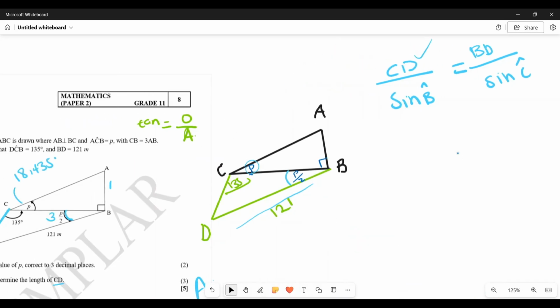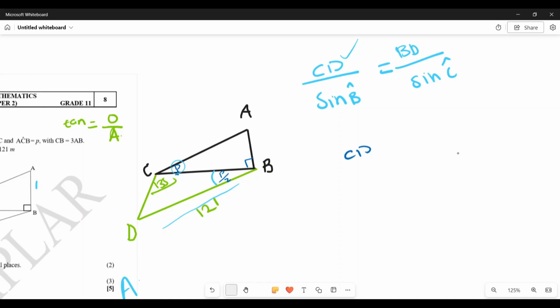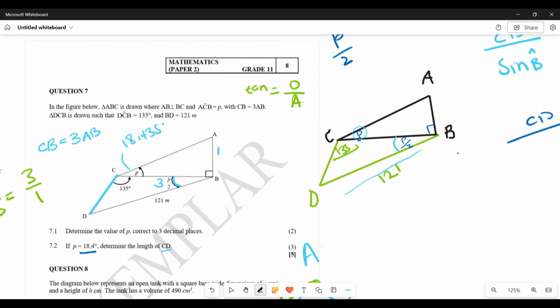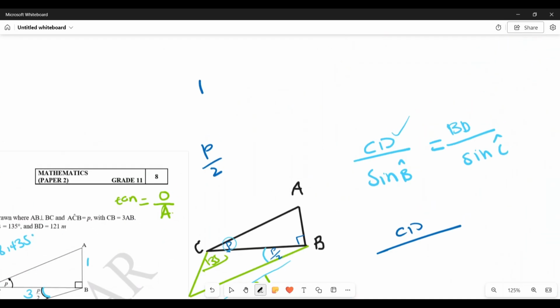So now if I substitute the values, I remember I'm trying to determine my CD over sine of B. Now remember B, it's P over 2. And remember my P, here they're telling me that it's 18,4, but I've also calculated it before. So this is 18,4 divided by 2. As a result, my angle B is going to be 9,2.